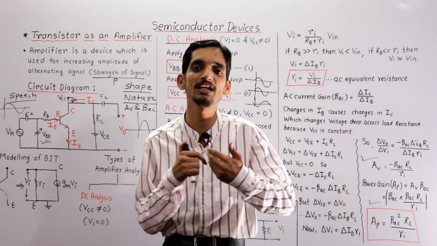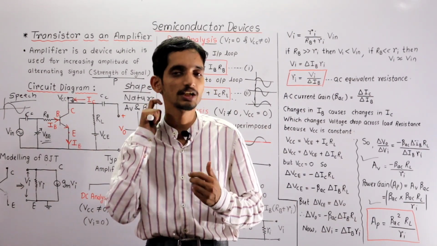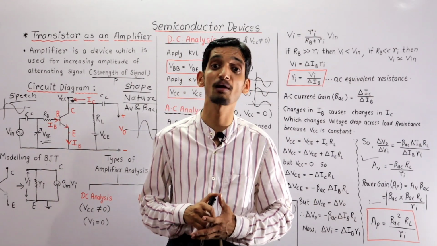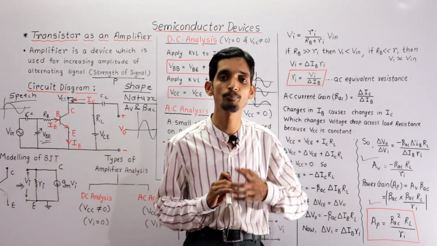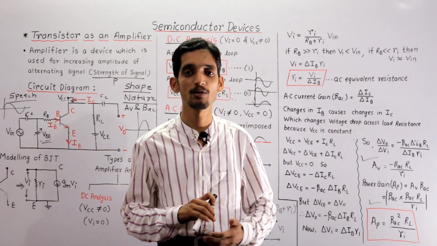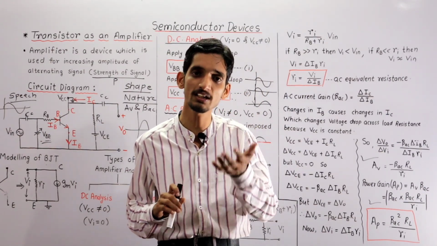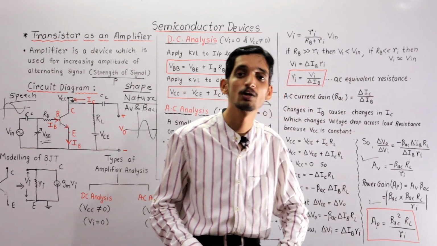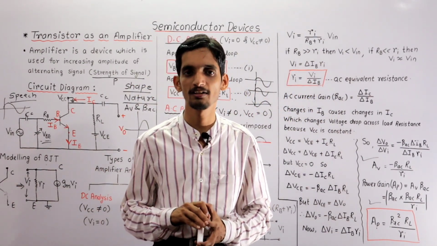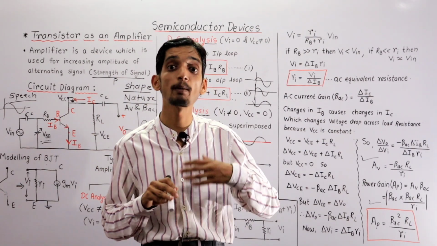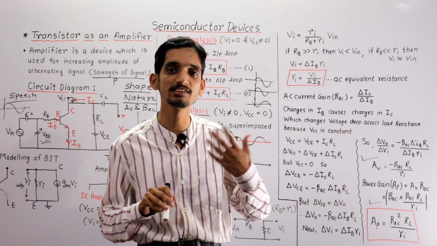So in this way you can increase the power content, or you can increase the strength of the signal. And that's why these common emitter amplifiers are so popular, because they provide more power gain. And what is the basic important cause for the increment in power gain? This beta value, that is the common emitter current gain. And that's why these common emitter amplifiers are preferred in public address systems to increase the strength of the signal.